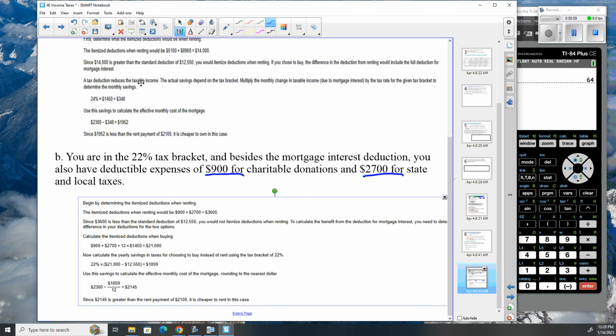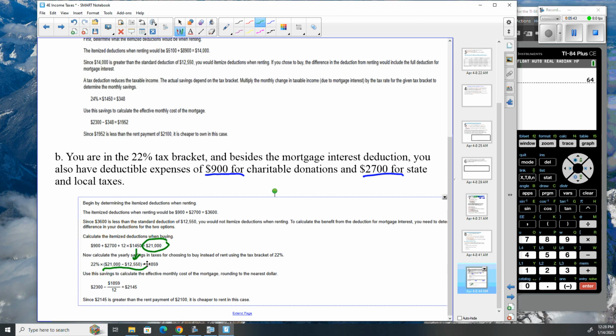So now we need to calculate how much money per month you're going to be saving when you itemize, and you're in the 22% tax bracket. They take your itemized deductions and subtract off the standard deduction to see how much you're saving by itemizing versus taking the standard deduction.